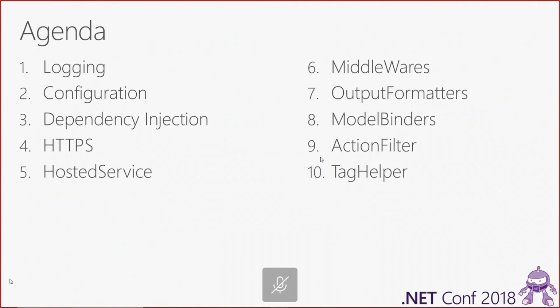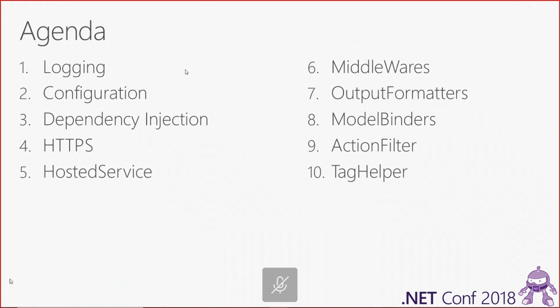That's the agenda for today. We have 10 different topics, and because I switch topics during the demos, it's okay to ask questions after the demo. That's absolutely fine for me. The first topic is logging, how you customize your logging or add a custom logger.